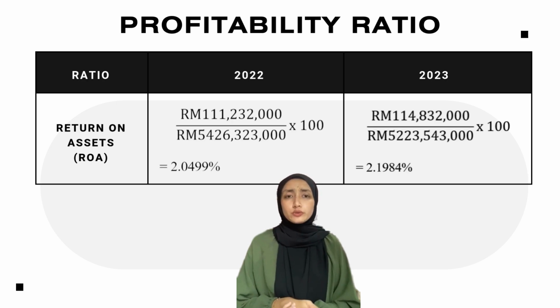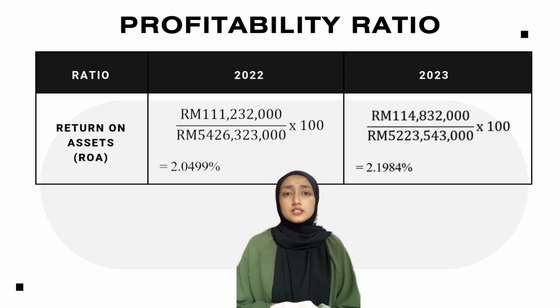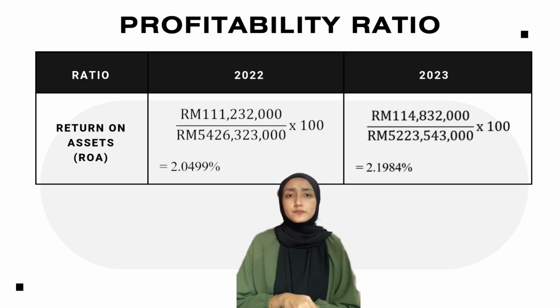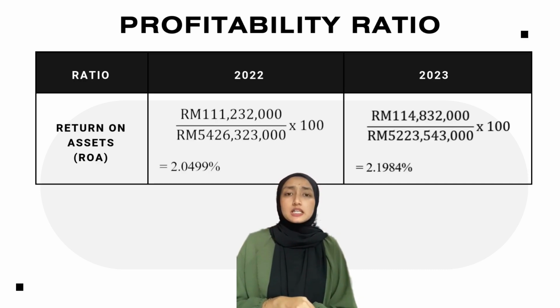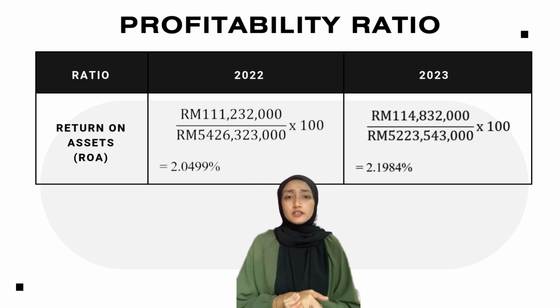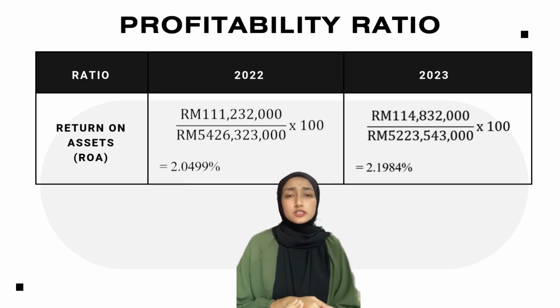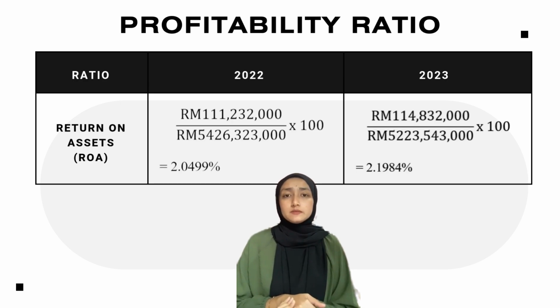By 2023, this improved slightly to 2.198, showing better asset utilization and operational efficiency. This increase suggests that Aeon has made strides in effectively leveraging its resources to boost profitability.